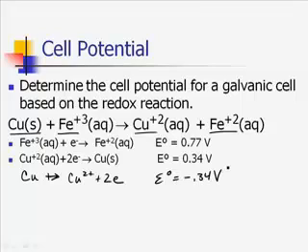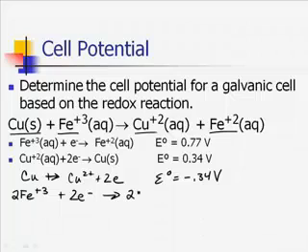The other thing I wanted to point out here is, remember when you're adding half reactions that you have to make the number of electrons equal. If we were going to write a balanced equation here to show what was happening, we would have to multiply the iron by 2, so that in the final balanced equation the electrons cancel out.